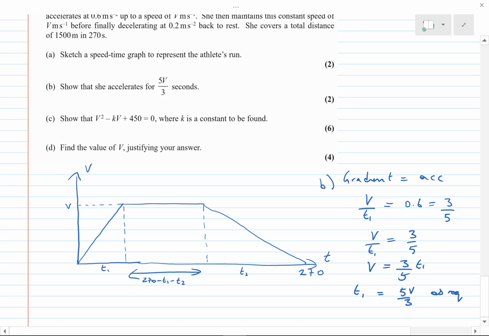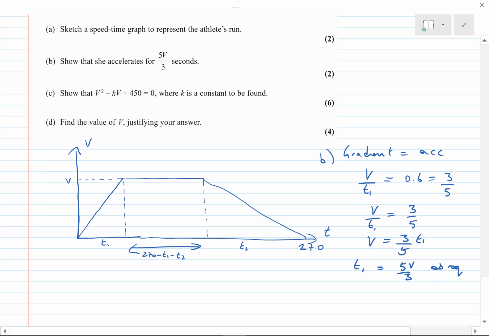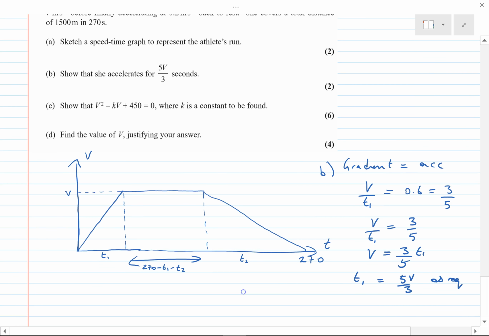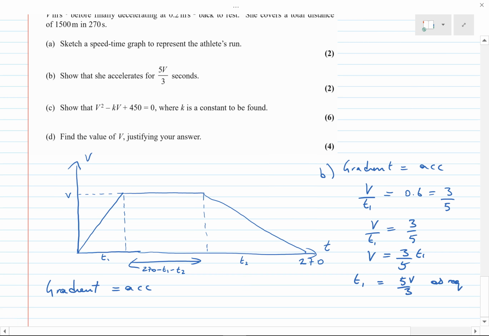And then it talks about setting up a quadratic equation. Now we need to do something similar for t2. So again, gradient equals acceleration. We need t2, and then we're going to use the areas. So v over t2 is equal to 0.2. Now you could say, well, it's decelerating, so shouldn't it be negative?